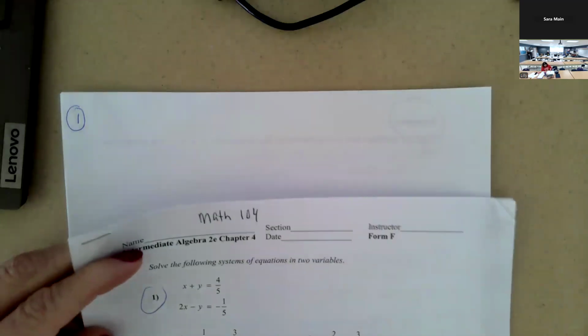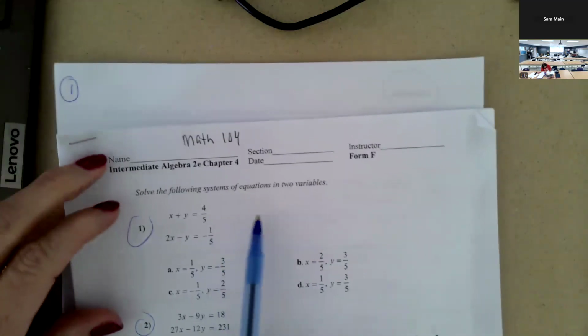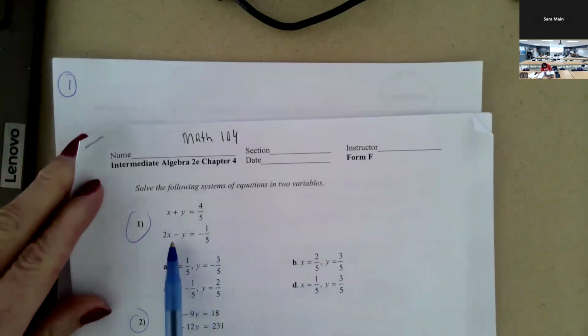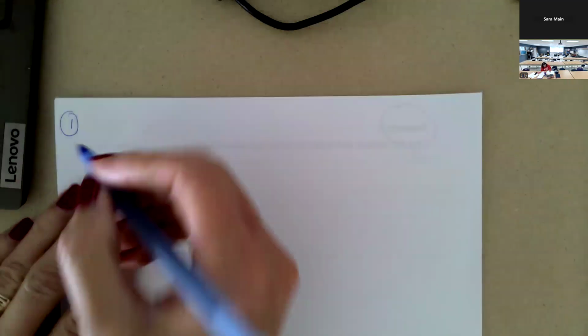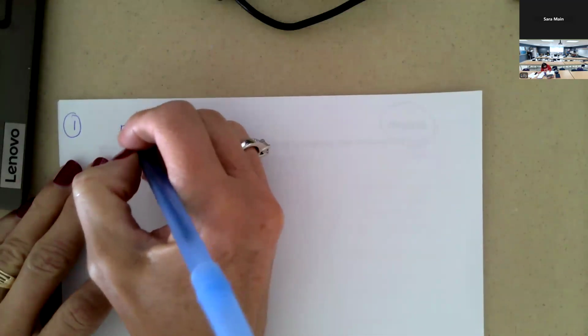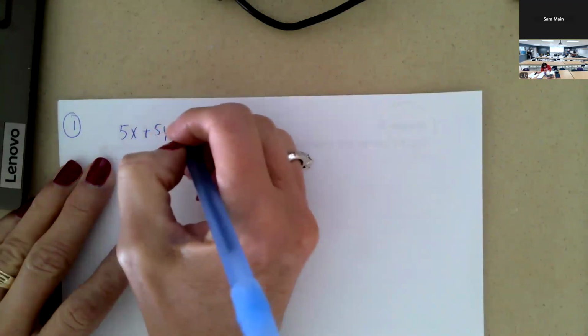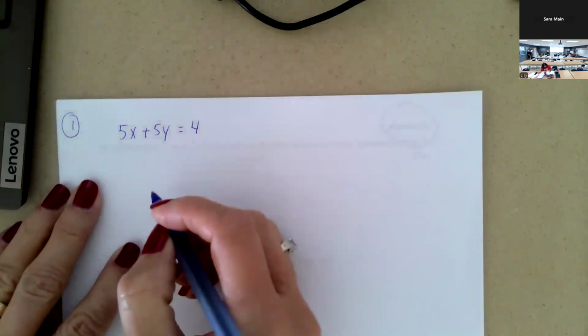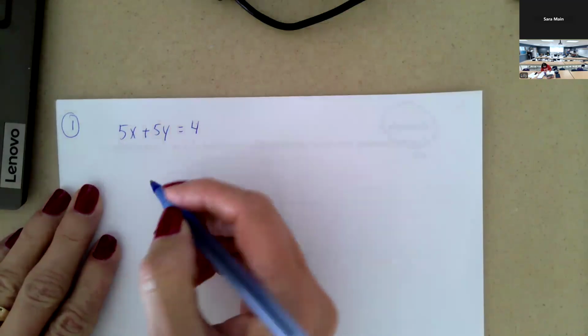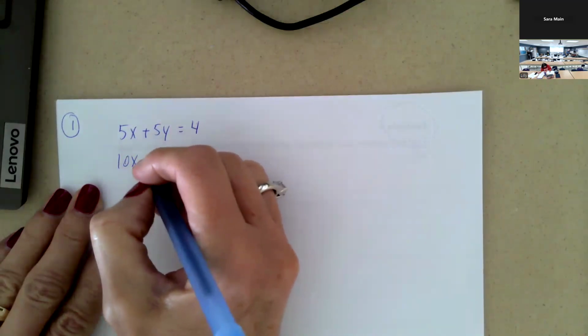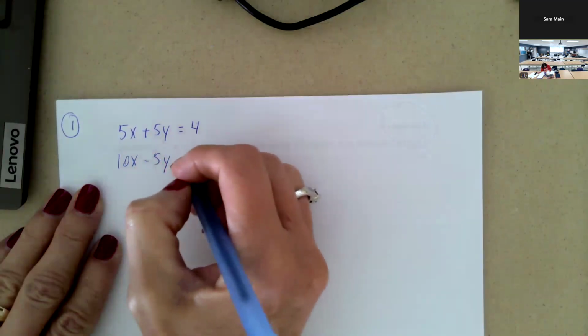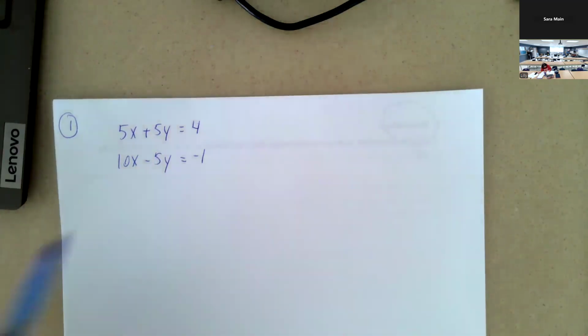So the first thing that I'm going to do here on question number 1 is multiply both rows by 5 because of the fractions. So I will get 5x plus 5y equals 4, and then I will have 10x minus 5y equals negative 1.